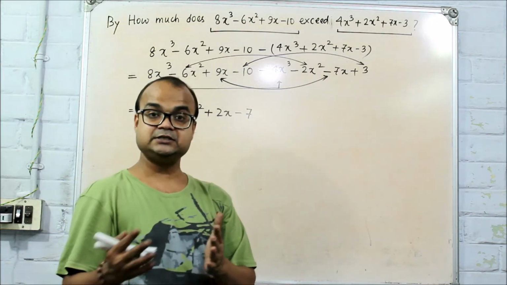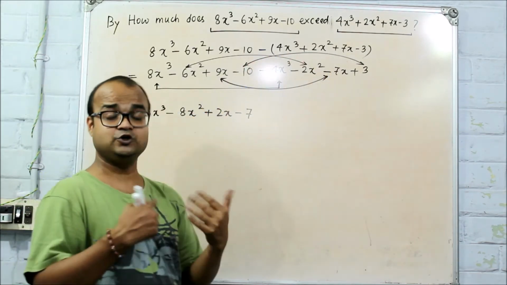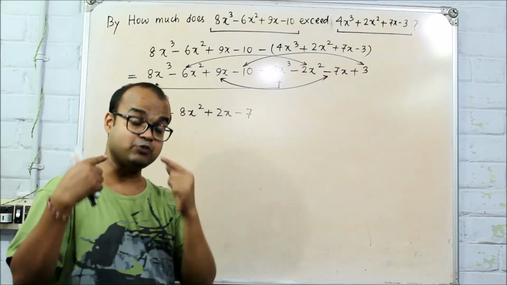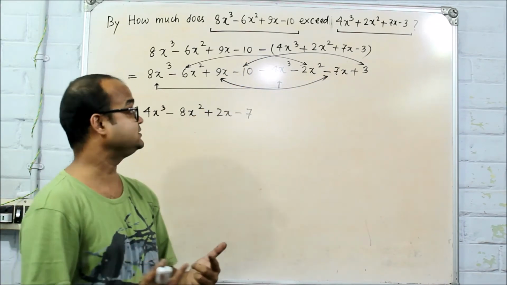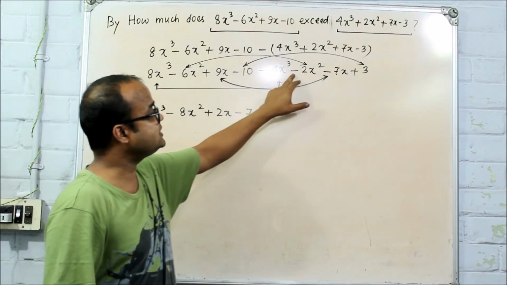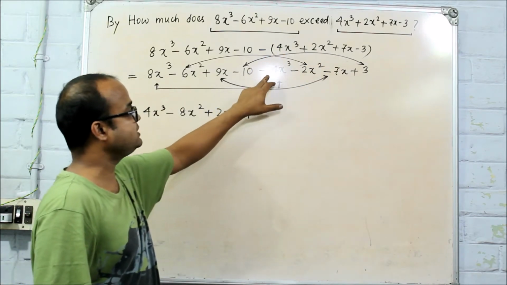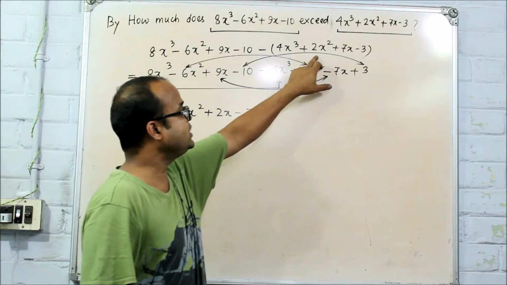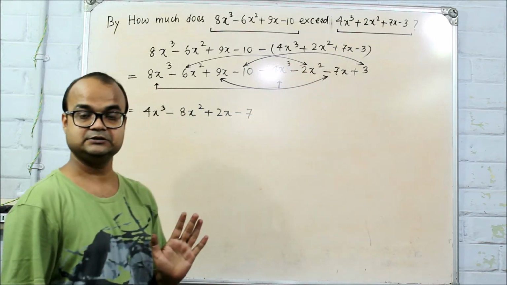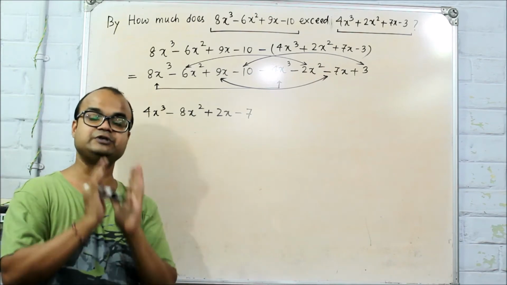Since you are at the initial stage, once you are habituated, you can omit this bracket and do it directly, but my suggestion is to keep the bracket so that you can avoid errors. This is a common mistake: if a minus sign is outside the bracket, each sign will change. See, plus 4x cube becomes minus 4x cube, plus 2x square becomes minus 2x square, plus 7x becomes minus 7x. Clear? And then you need to pick up the like terms and simplify.